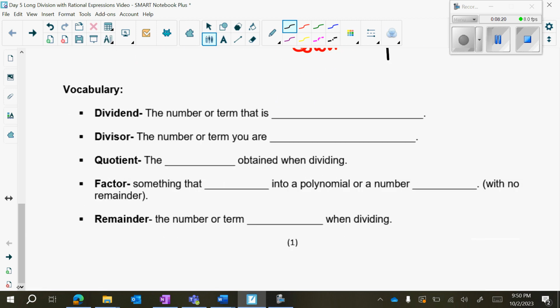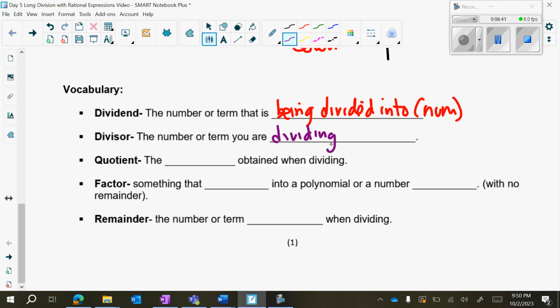So the vocabulary that I just discussed with you are the following terms. Dividend is going to be the numerator. That is the term that is being divided into. The divisor is the denominator. That's the number you are dividing by, or whatever expression we are dividing by.